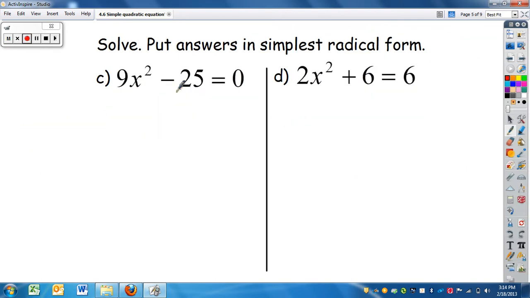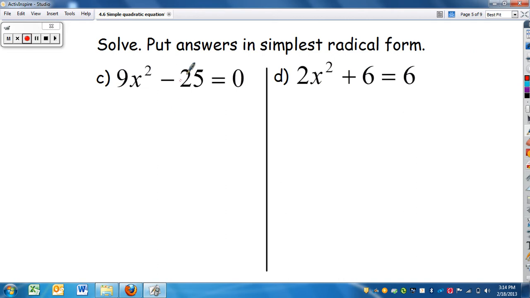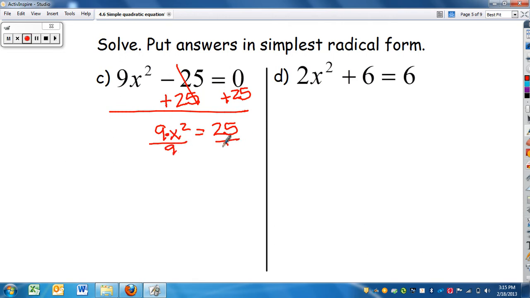So on C, now we're going to get more where you're going to have to simplify. On C, I'm going to add 25. They cancel out, so I get 9x squared equals 25. X squared is still not by itself on the left side, so I'm going to divide by 9.